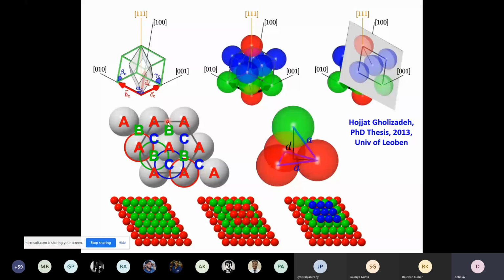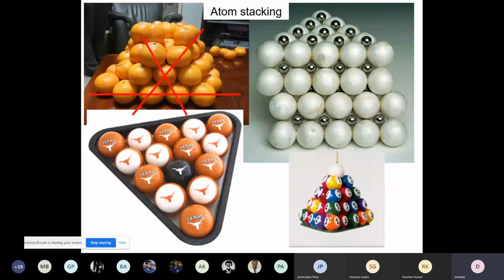Very good. So A layer, B layer, C layer. If you understand the stacking sequence, everything is nice. I am arranging FCC oranges in the best packing condition, which is the FCC packing. I am indicating the {111} planes. The plane, the basal plane, is {111}. Similarly, these angular planes are also {111}.